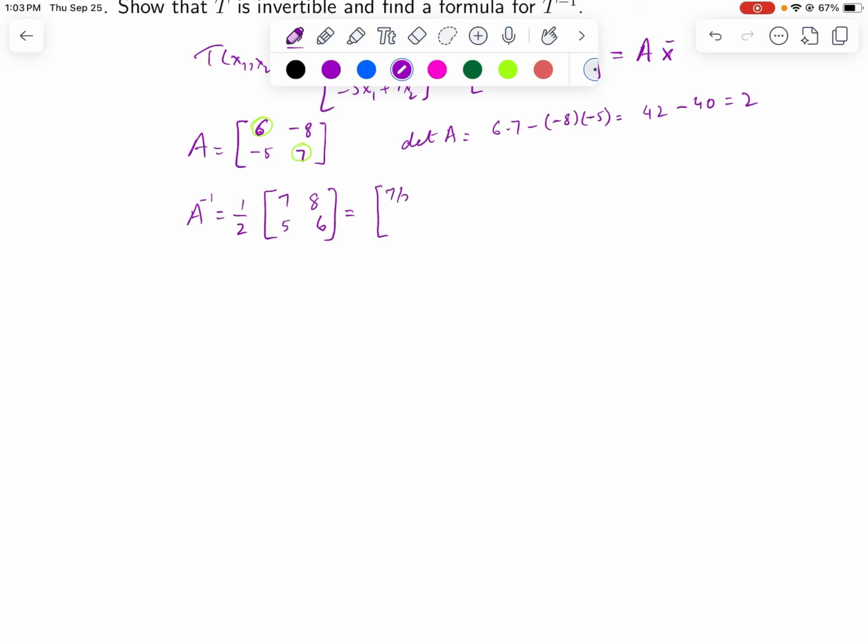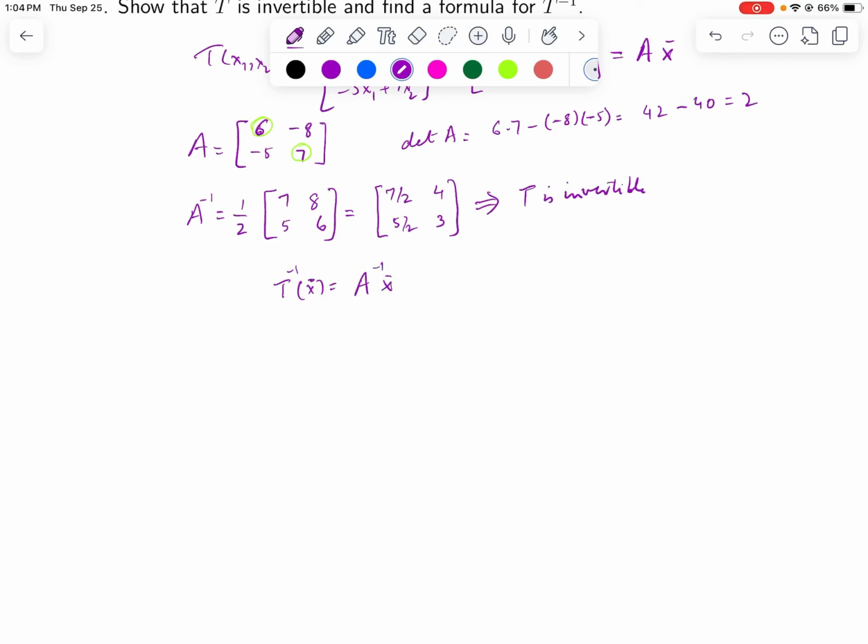So 7 comes here, 6 goes here, this becomes 8, and this becomes 5. That is your A inverse. Now we have to go one step further, and if there is a scalar in front, we have to multiply each entry of the matrix by that scalar. So it becomes 7 over 2, 4, 5 halves, and then 3. This is the inverse, the A inverse matrix.